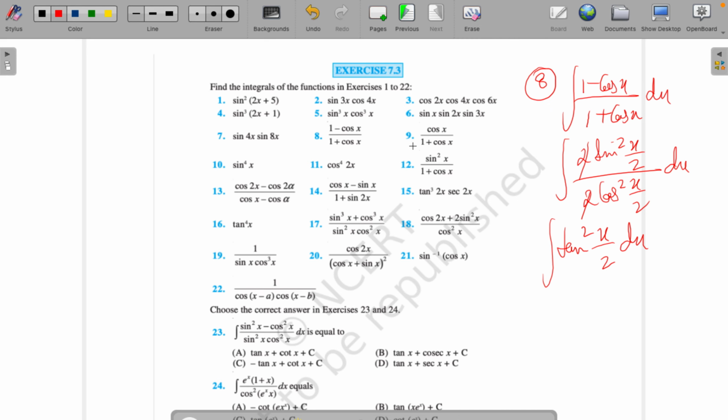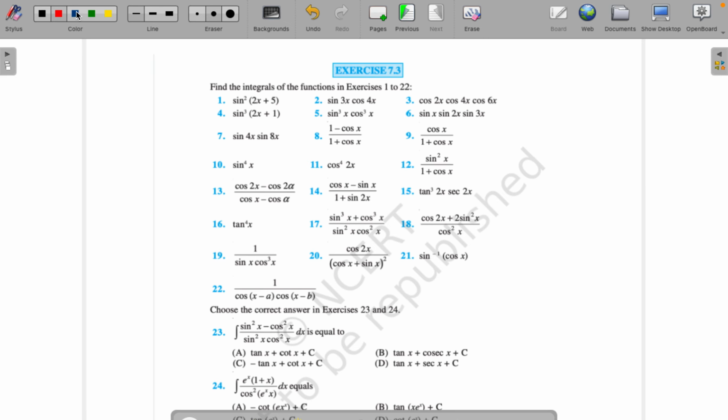Now similarly, if you want to do question number 9, children, cos x upon 1 plus cos x. This is the question.